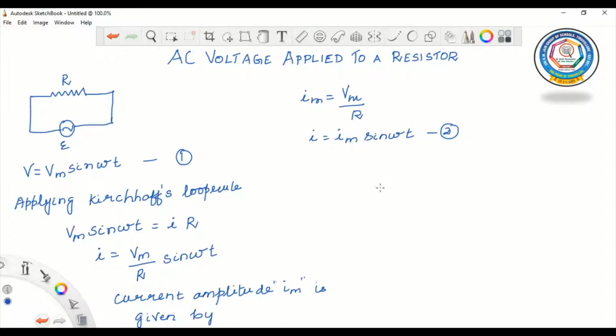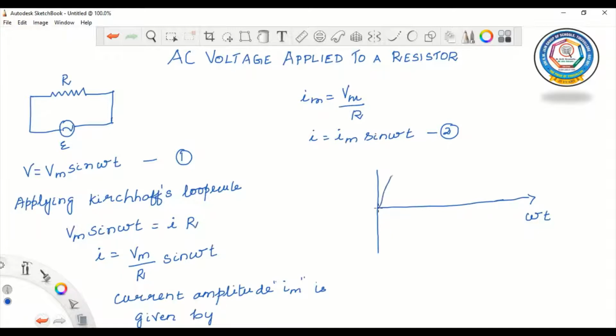So, when we draw the graph, first let us have this as our omega t. So I am going to draw the graph for voltage first, voltage as a function of time.